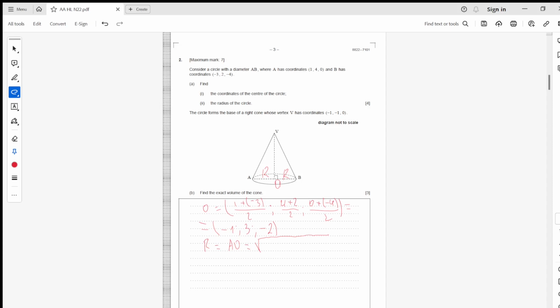Basically, we need to square the difference between the coordinates of point O and point A, and then take the square root of that sum.